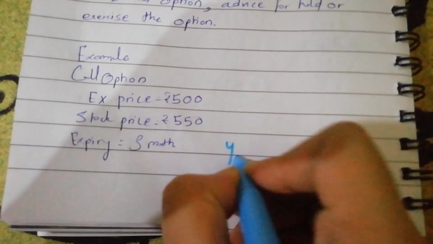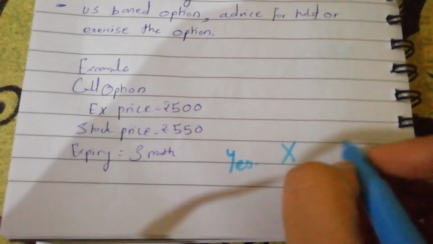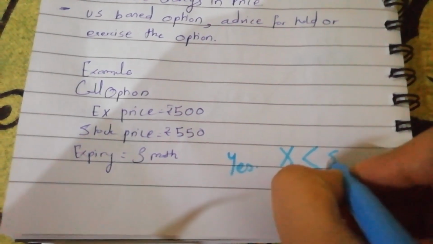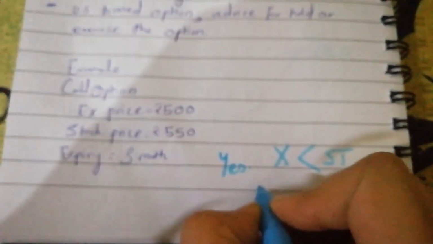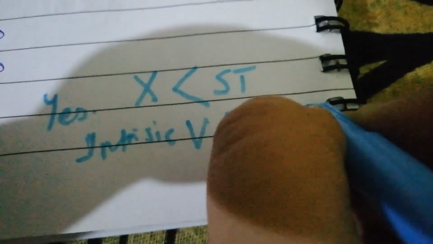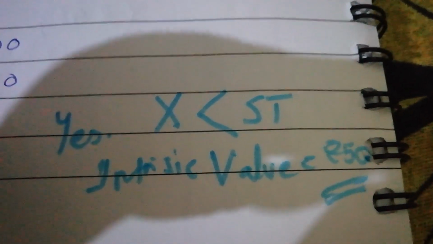It is exercisable because the X price, that is exercise price, is less than the stock price and it is a call option. So we will get intrinsic value equal to rupees 50. So that's why it is exercisable.